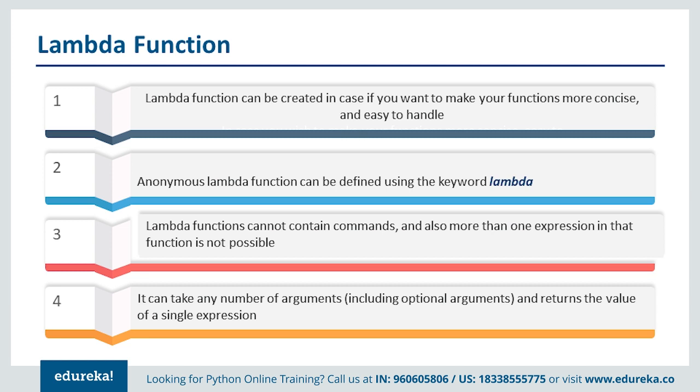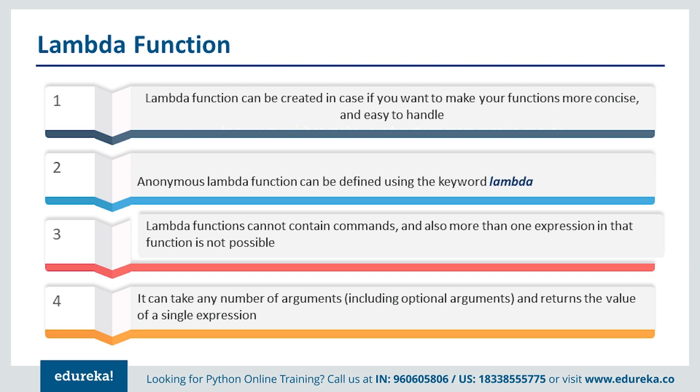So first of all, a Lambda function can be created in case you want to make your functions more concise and easy to handle. Lambda functions are pretty easy and straightforward to access and to implement. Anonymous Lambda functions can be defined using the keyword lambda. Lambda functions cannot contain commands or more than one expression.